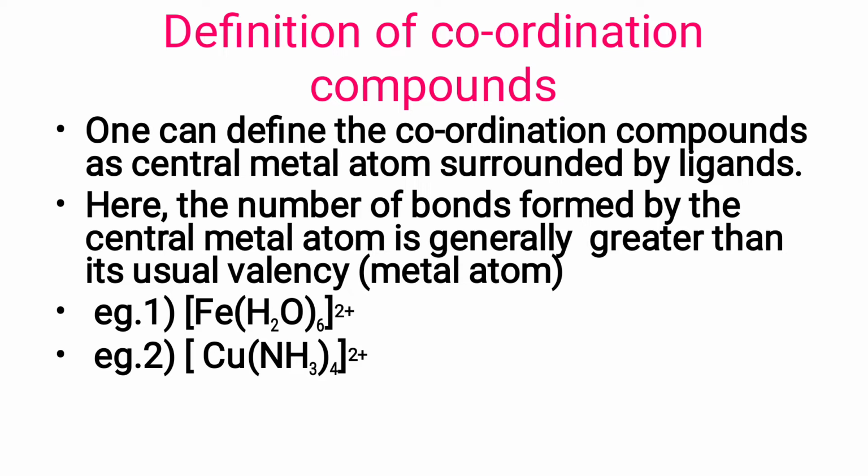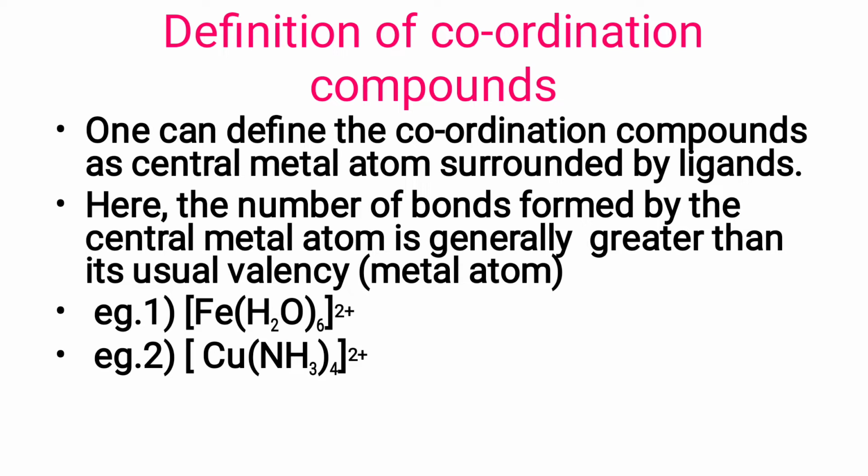In coordination compounds, the number of bonds formed by the central metal atom is generally greater than the usual valency of the metal atom. There are thousands of examples of coordination chemistry, and Alfred Werner was the first to discover coordination compounds. He also wrote the Werner theory related to coordination compounds.